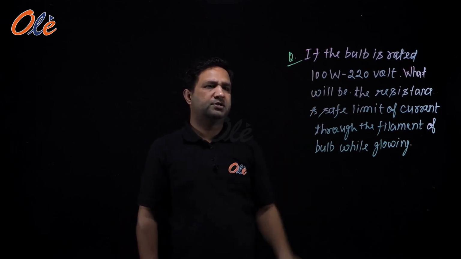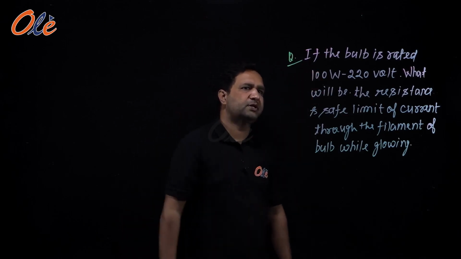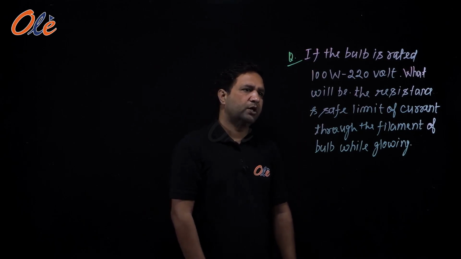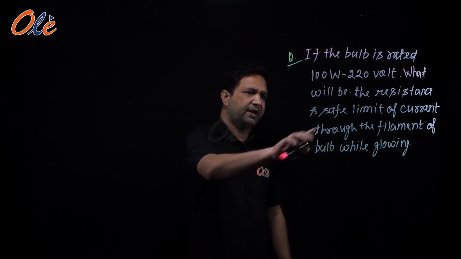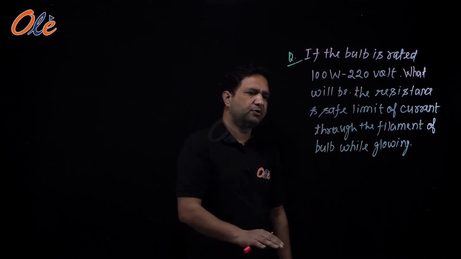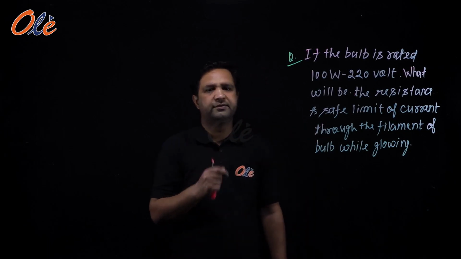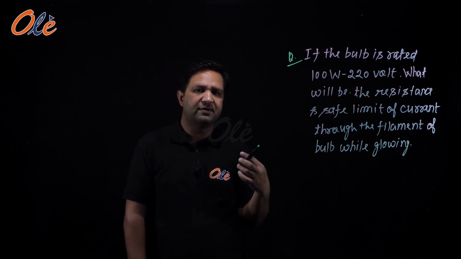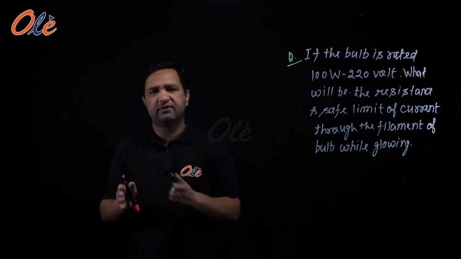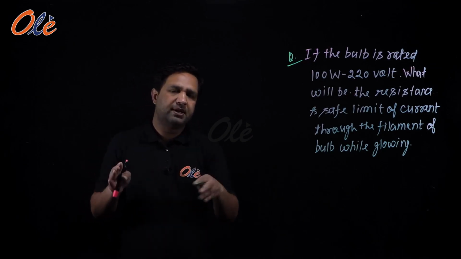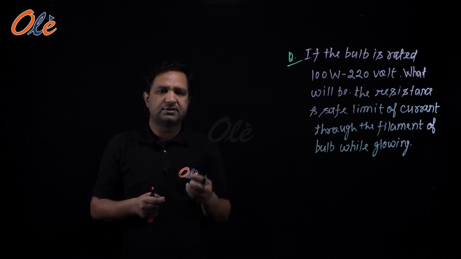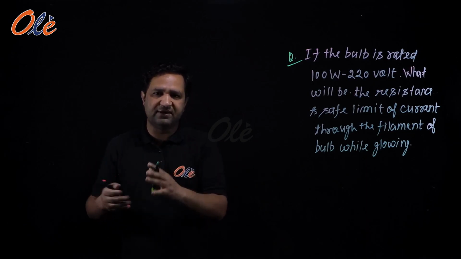So here's the question: if the bulb is rated 100 watt and 220 volt, what will be the resistance and safe limit of current through the filament of the bulb while glowing? So we have to find the resistance of the filament of the bulb, and what will be the safe limit of current that we can pass through this bulb.